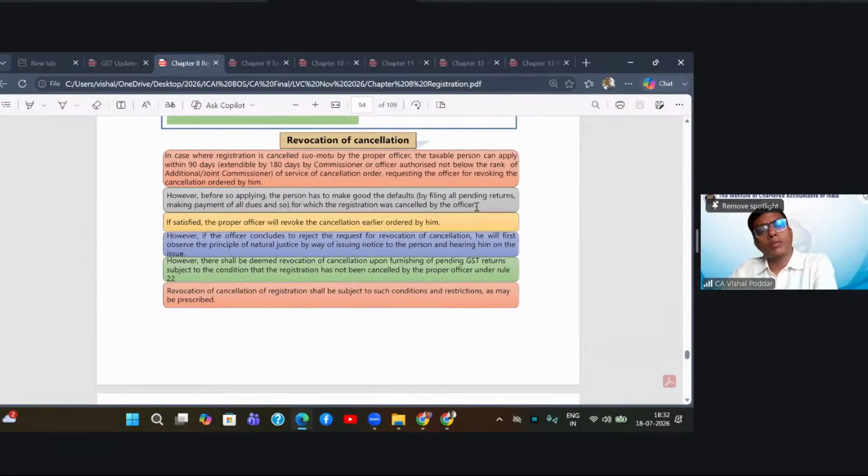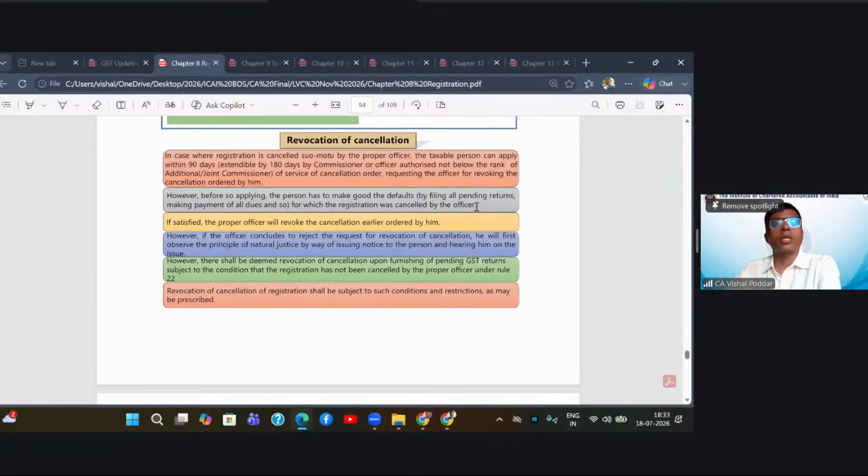Now, after your registration is cancelled, especially in case of suo motu, there is a possibility that you may want it to be revoked. Why? Because whatever was the officer's reason, either it was not communicated to you or you were not at that time in a position to respond, but now you are able to respond.